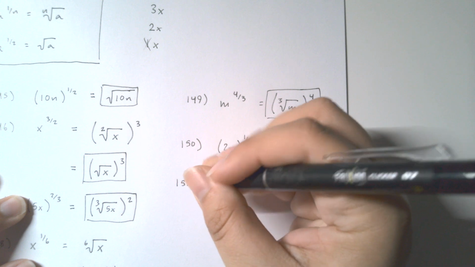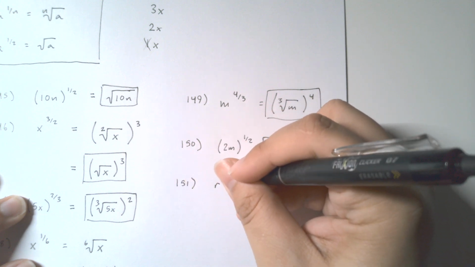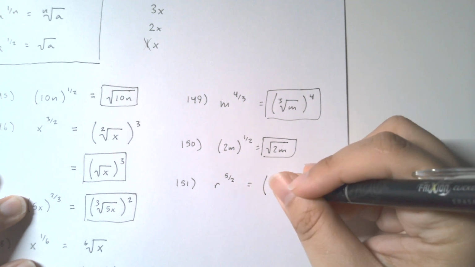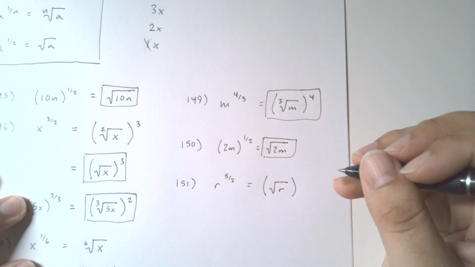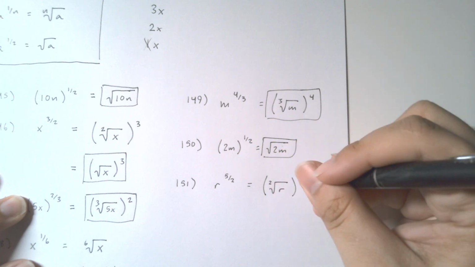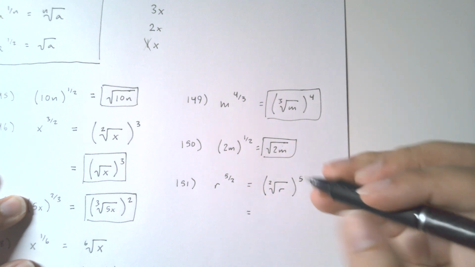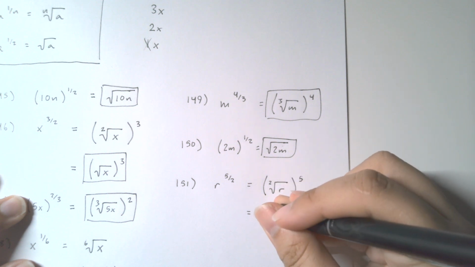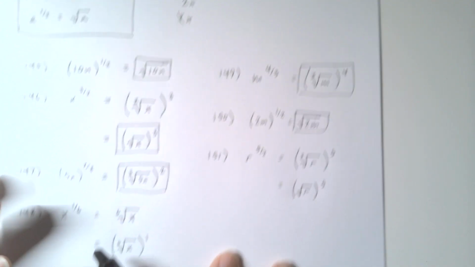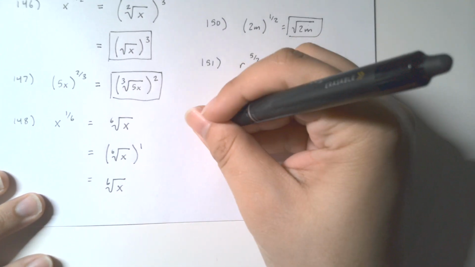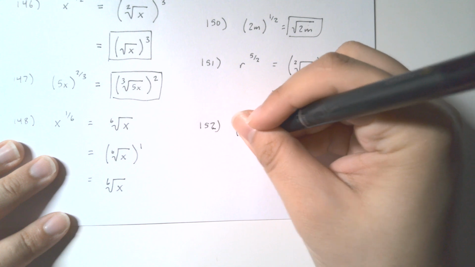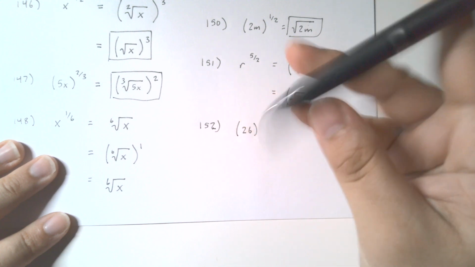For number 151, we have r to the power of 5 over 2. This is equal to root r, put it in some parentheses. Bottom number is your index, this is a 2. Top number is your exponent, this is a 5. And of course, if this is a 2, we can simplify it as just the square root of r to the power of 5. For the next one, number 152, we have 2b, that is a b, I promise.